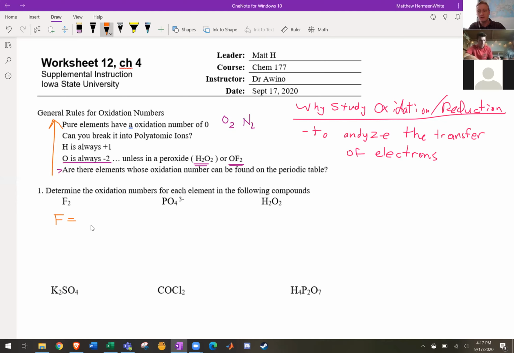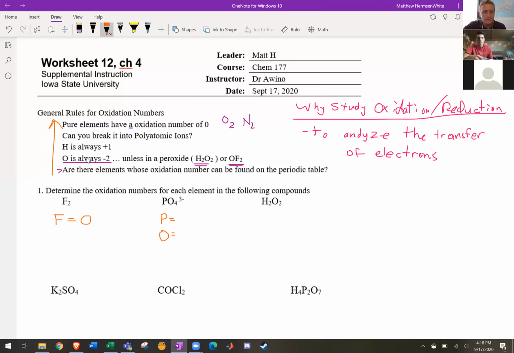Now fluorine is all on its own here, so what should the oxidation number be for fluorine? 0. Yes, very good. So F equals 0, so the oxidation number for each fluorine is 0. That's because of rule number 1 up here: pure elements have an oxidation number of 0. All right, next one, we have phosphorus and we have oxygen.